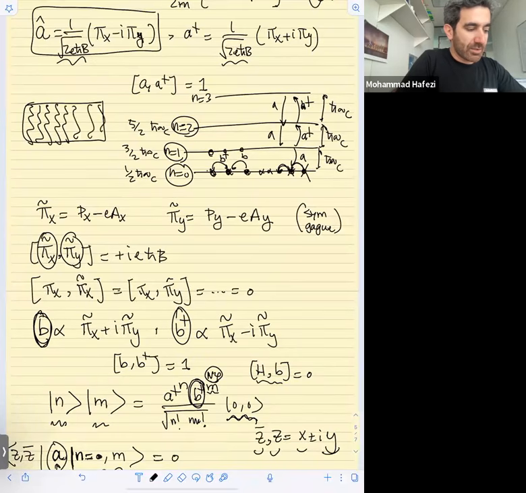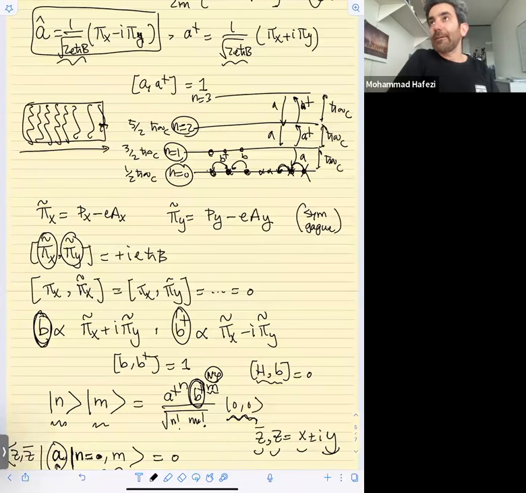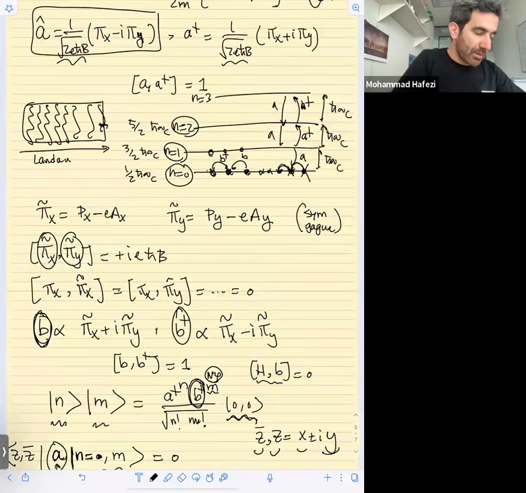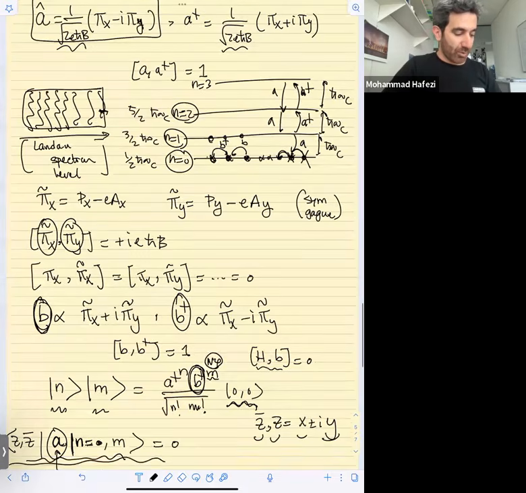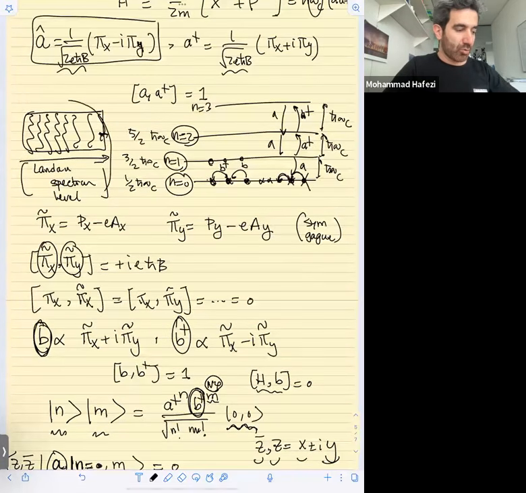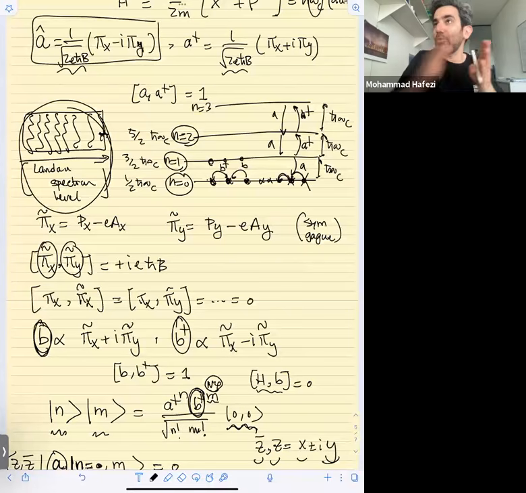Then at some point, you just reach the other edge of the system, and that would give you the quantization. And that is the Landau problem, the Landau spectrum or Landau levels, etc. I did not want to do that because that's usually the way it's done in the books, and you can look it up. If Chris, that answers your question. If I don't want to do this operator approach, you can just solve the Schrödinger equation, and then you will see that you hit the wall. You cannot go further than that.